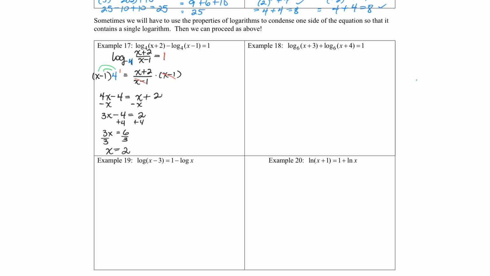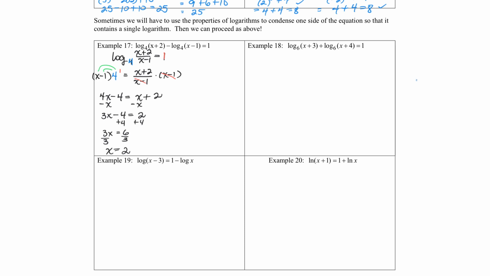So now this is a proposed solution, right? So in order for me to determine whether or not it is in fact a true solution and not extraneous, not one that looks like a solution but it's not, right? I need to check this value of x in both of these logarithms to make sure that the argument or the input stays positive, right?